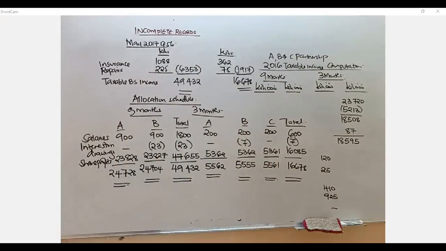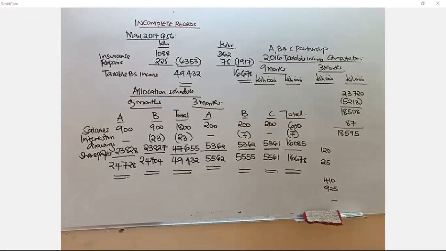Mwalimu, yes. I just wanted to confirm something. I was not getting it at the end, but I want to confirm if I'm correct. When you're given such a question, you're only going to prepare for allowable expenses. Yes. Okay, so even if you are given a net profit, you won't take that net profit.